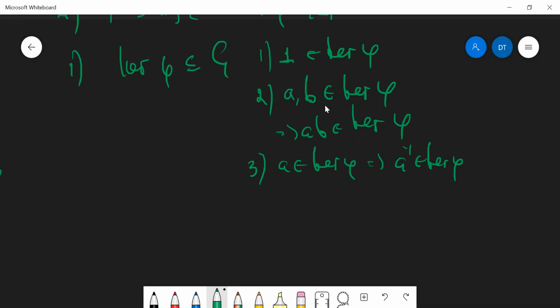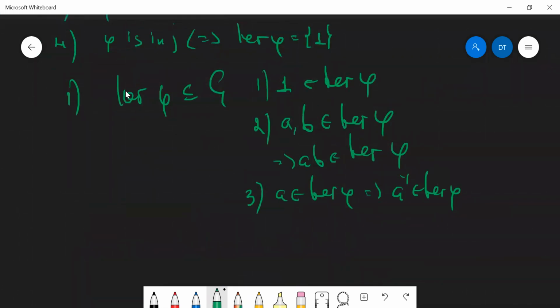Now, in order to check that the kernel is a subgroup, we want to check all these three properties. How do you check that something belongs to the kernel? You just need to show that phi takes these elements to the identity element. We know that the identity element goes to the identity element, which was proven before. So the first one is true.